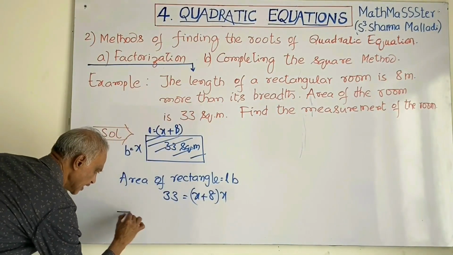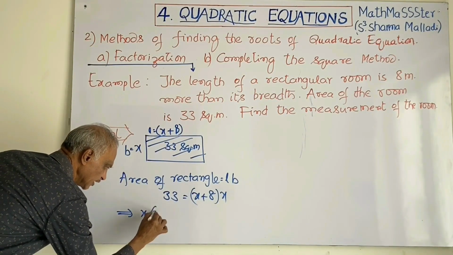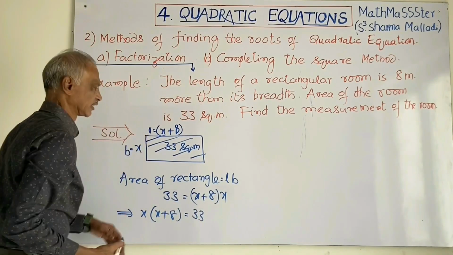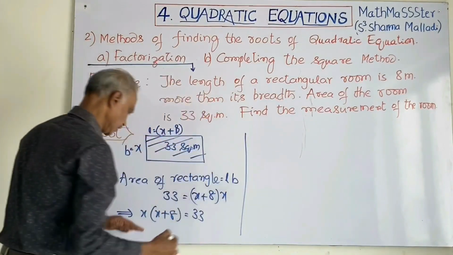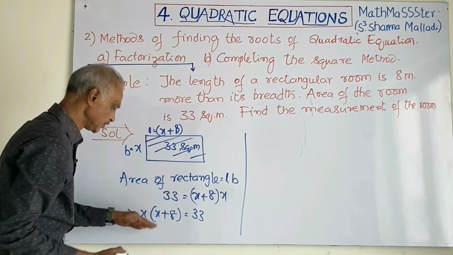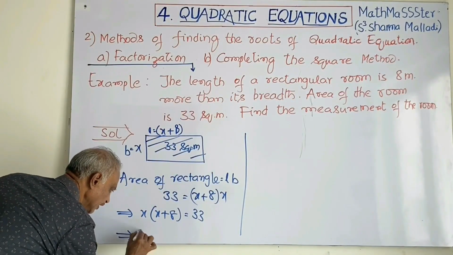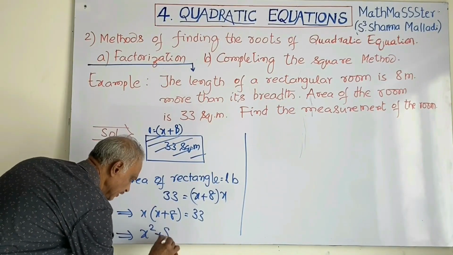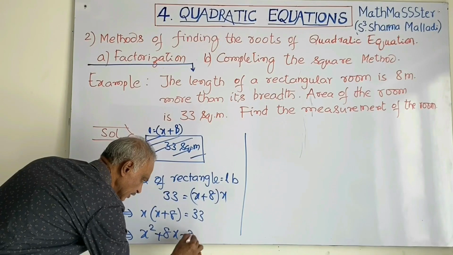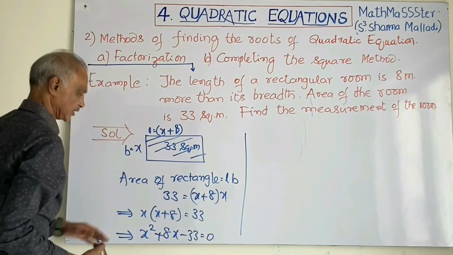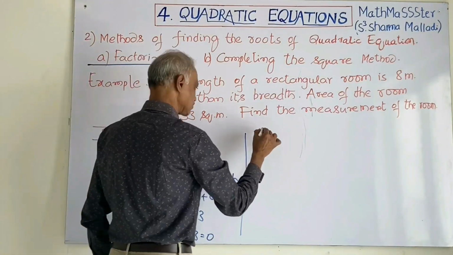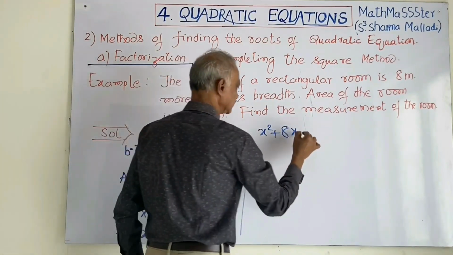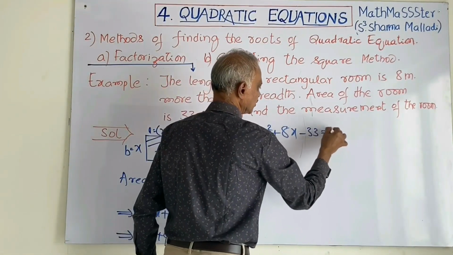It can be written as x into x plus 8 is equal to 33. Then x into x is x square, x into 8 is plus 8x, minus 33 is equal to 0. You take x square plus 8x minus 33 is equal to 0.